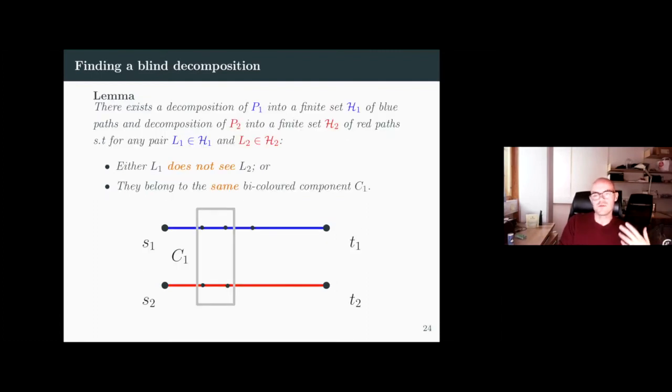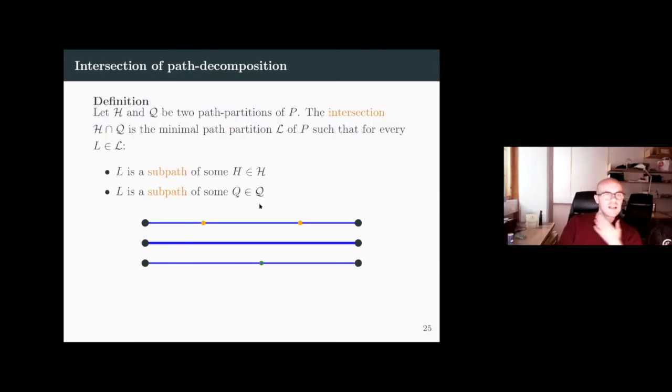We just have to define a new thing, which is also a bit technical, but very easy to understand. It's the intersection of two path decompositions. As I said, a path decomposition is just, you separate your path into subpaths. It's the same as looking at points and then taking all the subpaths with these points. For example, you have the blue path here, and then you have two path partitions, one defined by this point and one defined by this point.